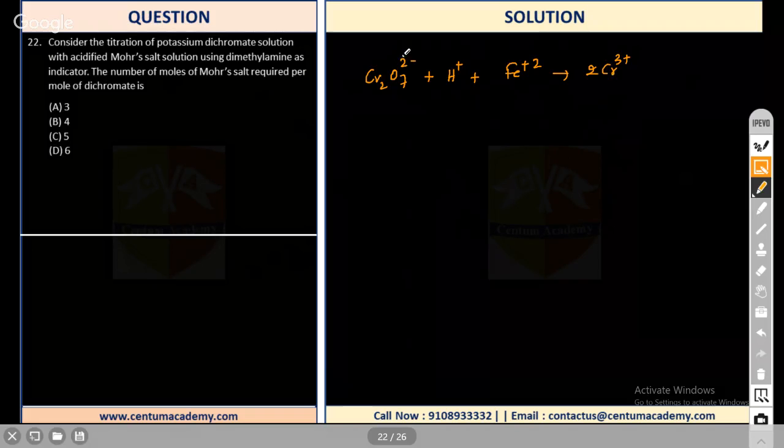We know this already, because this chromium is plus 6 over here. So this converts into Cr3 plus in acidic medium, plus we get 7 moles of H2O, and then we get Fe3 plus.